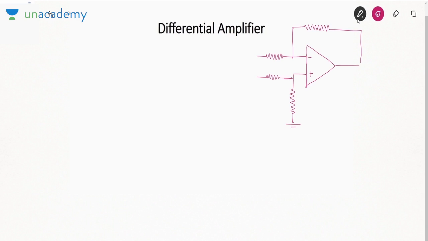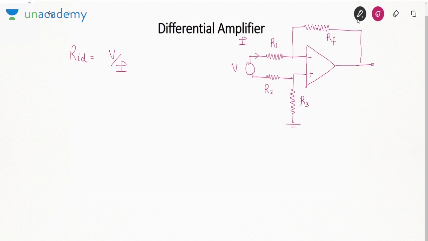To find the differential input resistance, what you have to do is, you have to connect a signal between the two terminals. Suppose this is V, I find out I. So what is the differential input resistance? It is V by I.